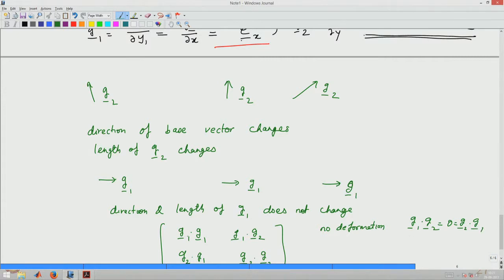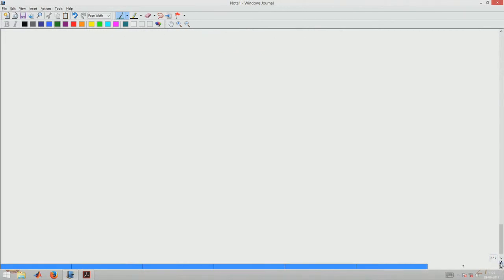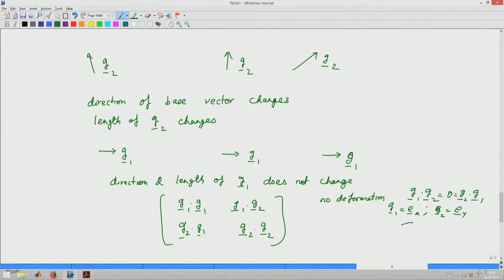But of course, G1 will be equal to Ex and G2 will be equal to Ey, and therefore this set of numbers that we had talked about will reduce to 1 0 0 1. So, clearly what I have shown here is a matrix which contains information about deformation. If there is no deformation, then it reduces to the unit tensor.